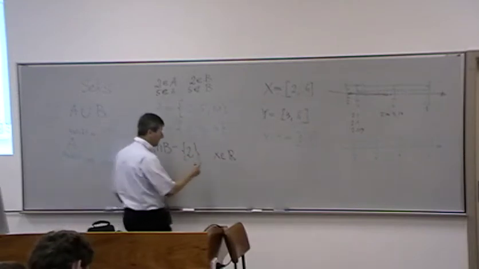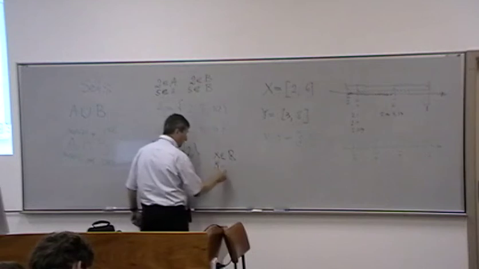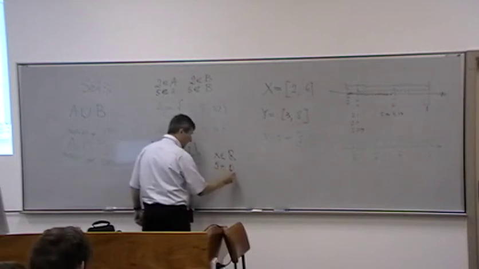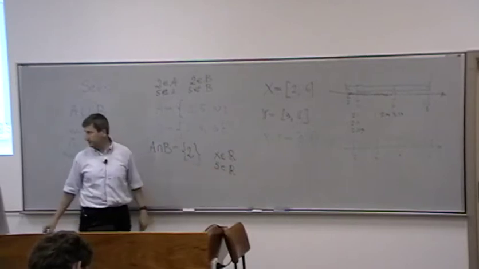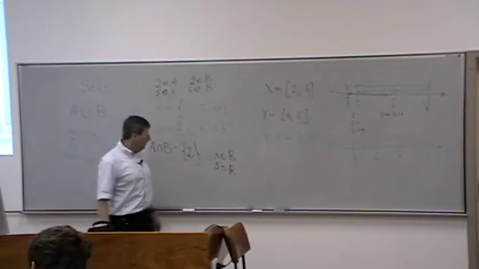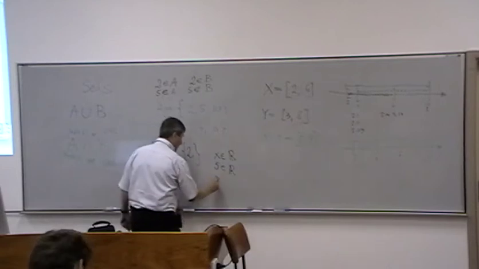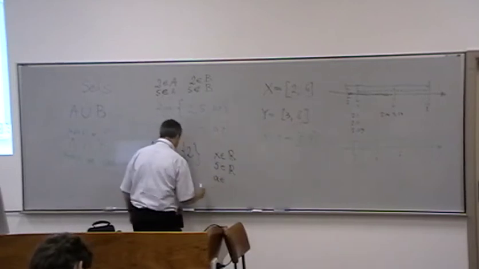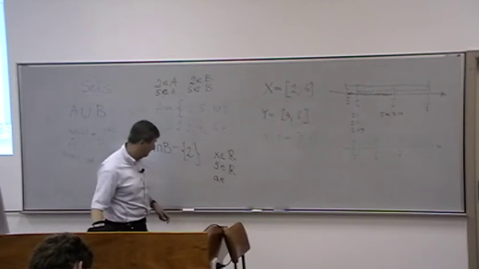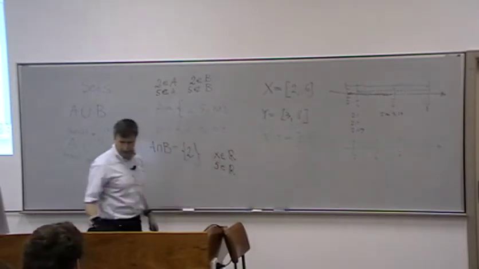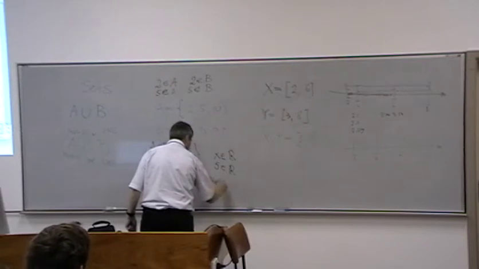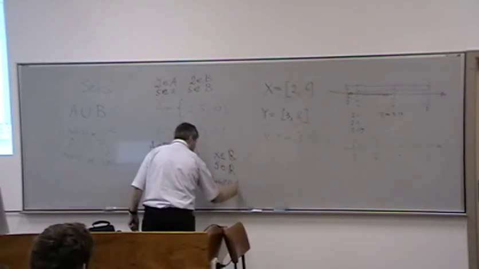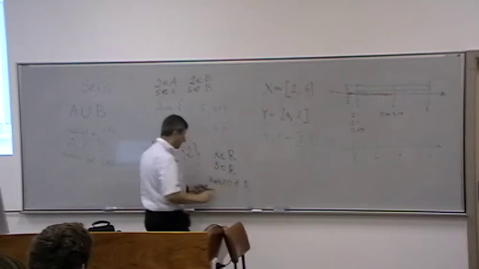So for instance, we can say 5 is a real number in this way: 5 element of R, 5 is a real number. We can write, say, Math120 is not an element of R, because this is not a real number.